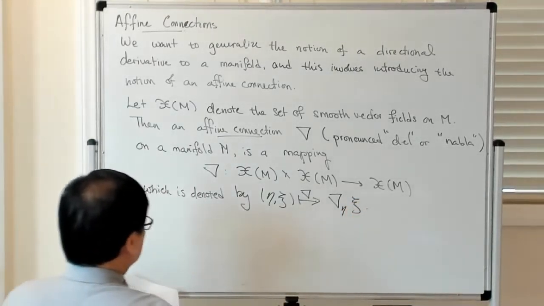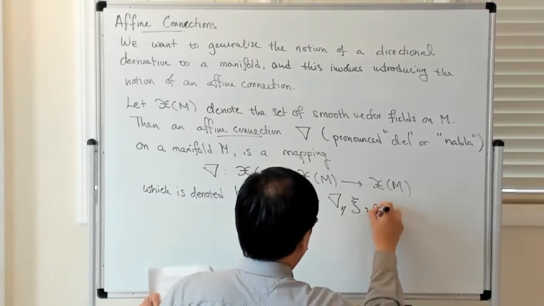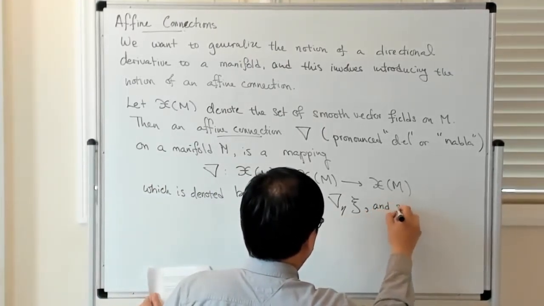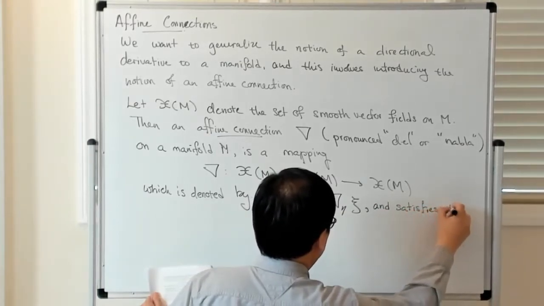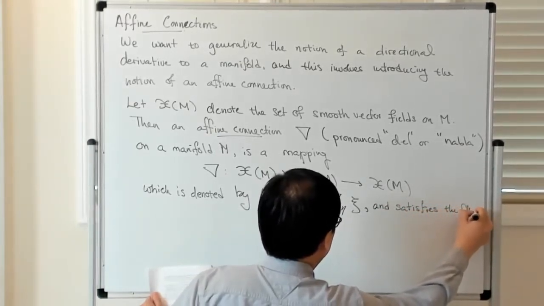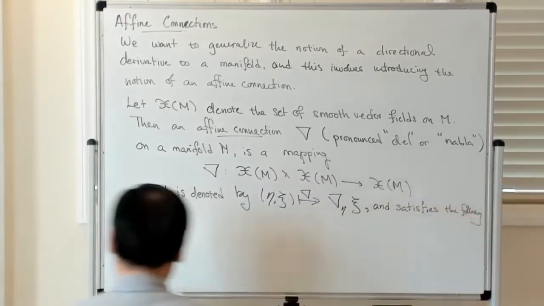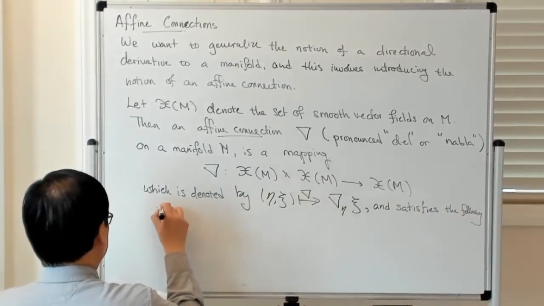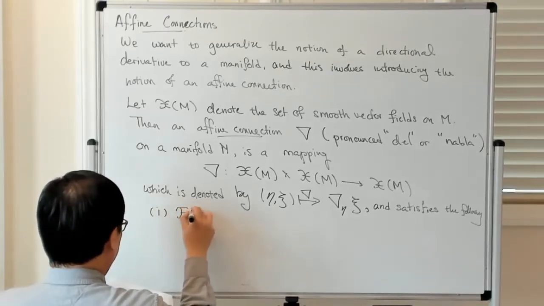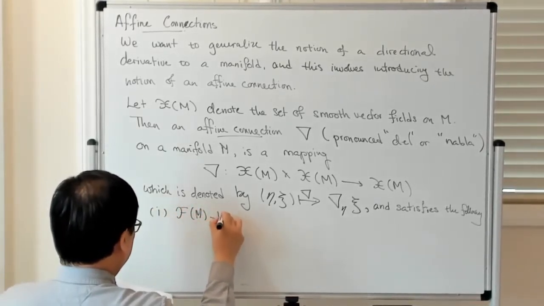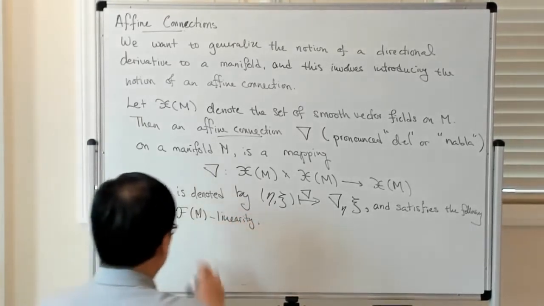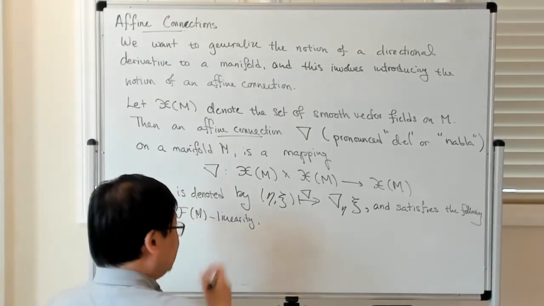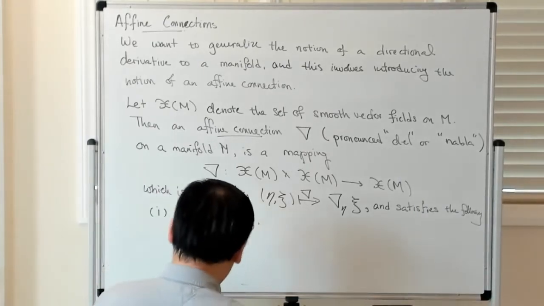Okay, and it satisfies the following. The first one is what's called F(M) linearity. Okay, so F(M) is just the space of scalar-valued functions on M.